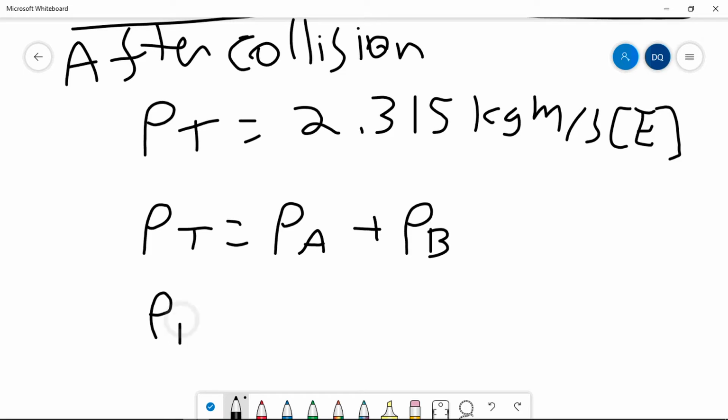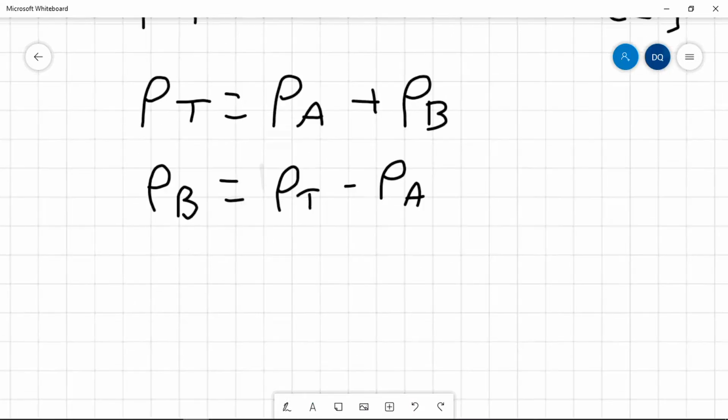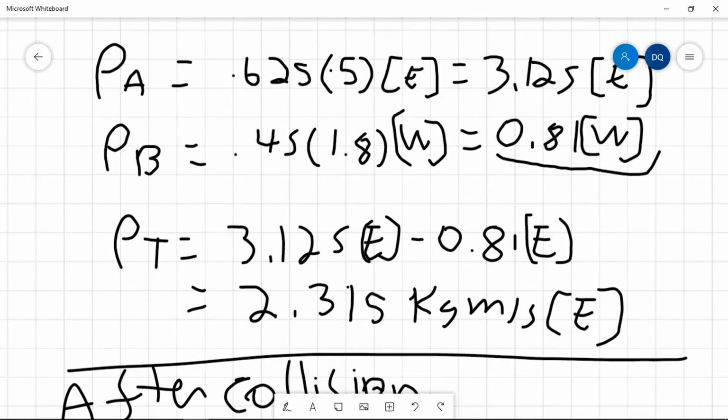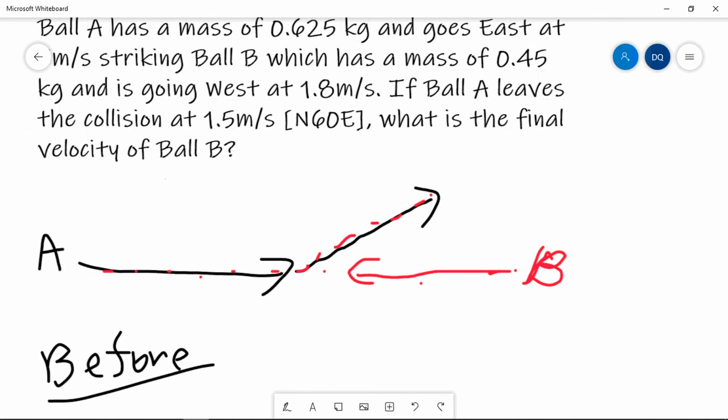The momentum of ball B is unknown, but it'll be equal to the total momentum minus the momentum of ball A. Now, after the collision, let me show you the question again. Ball A, after the collision, has a velocity of 1.5 meters per second, and it's going north 60 degrees east.